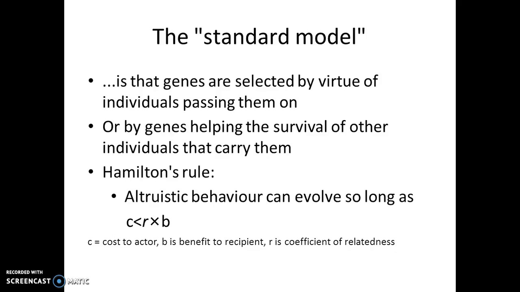This means that in many species, siblings help each other. It also means, because of course if a gene is in me, there's a 50% chance that it's in my children, that this equation explains parental care, because I'm much more likely to help my children because the genes are likely to be in them.